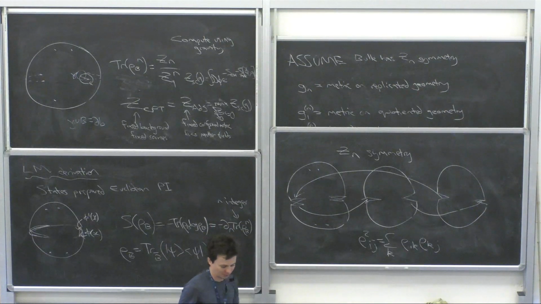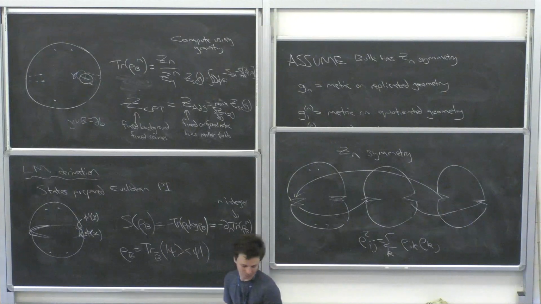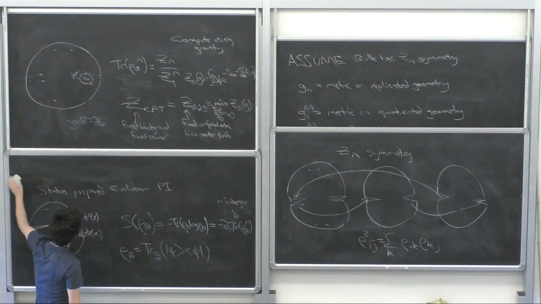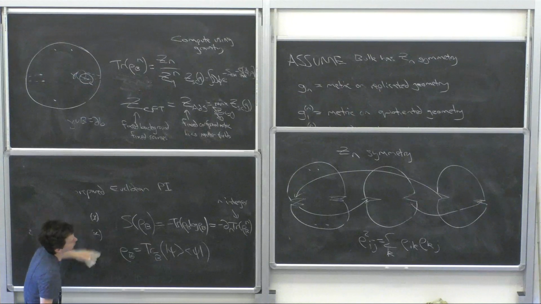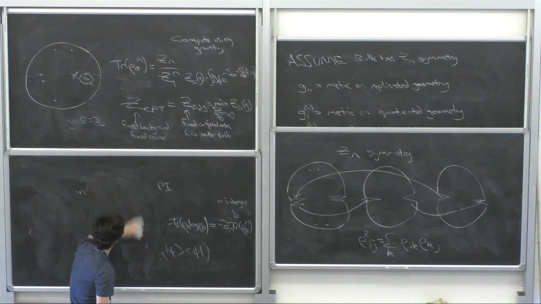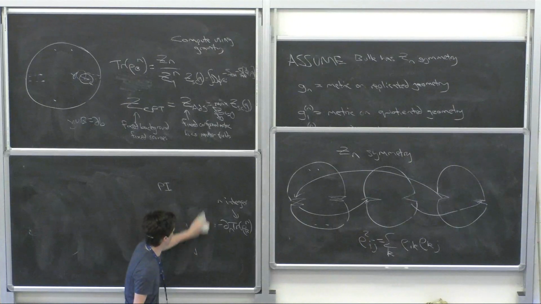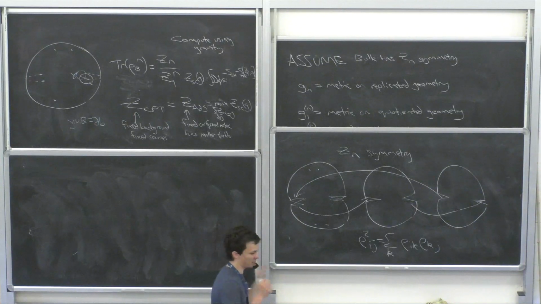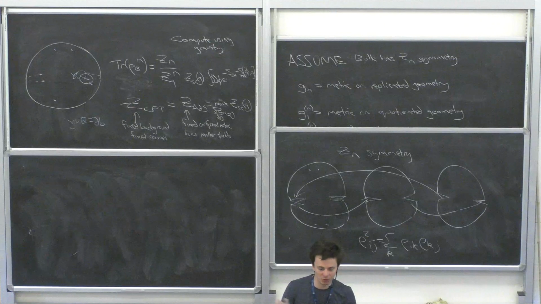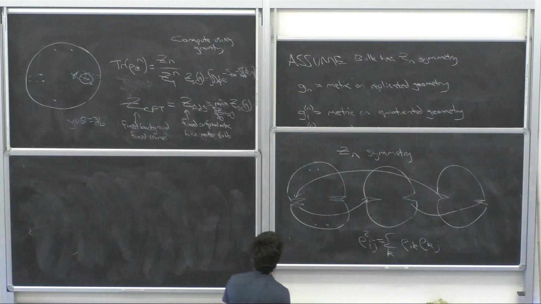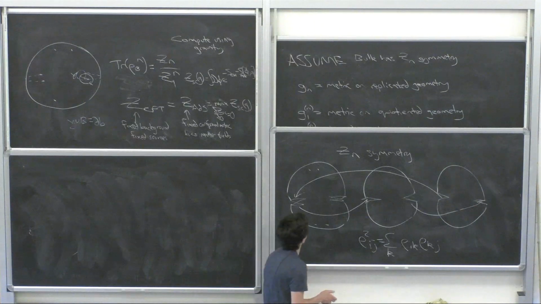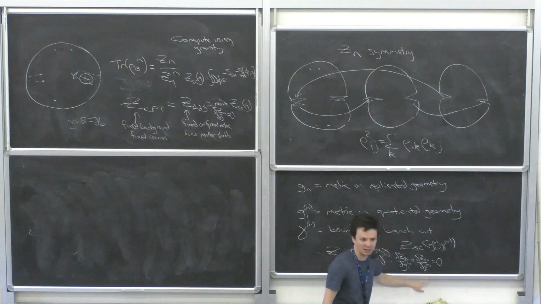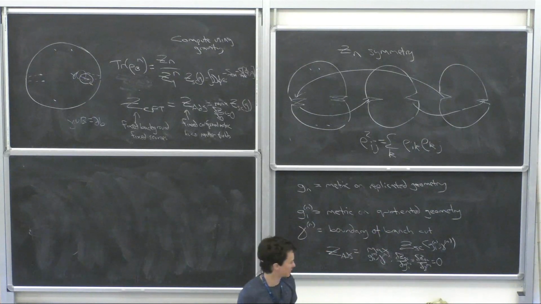Okay, so we're starting to get somewhere now. So the key point is that we've now managed to rewrite this bulk replicated geometry saddle point approximation in terms of quantities G_1^n and gamma_n that don't obviously require us to have n be an integer, right?